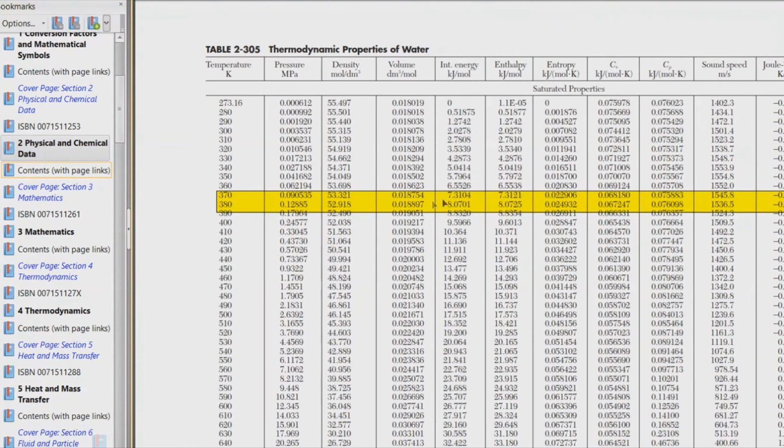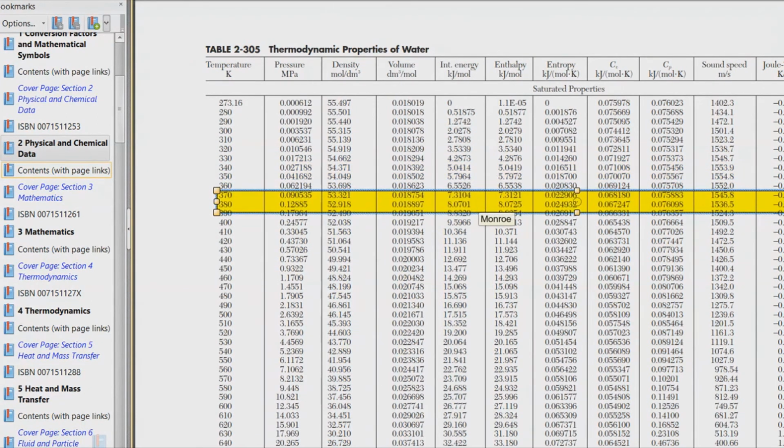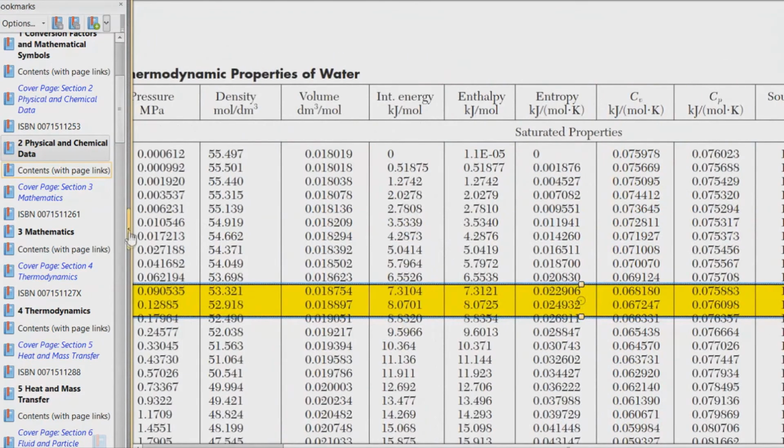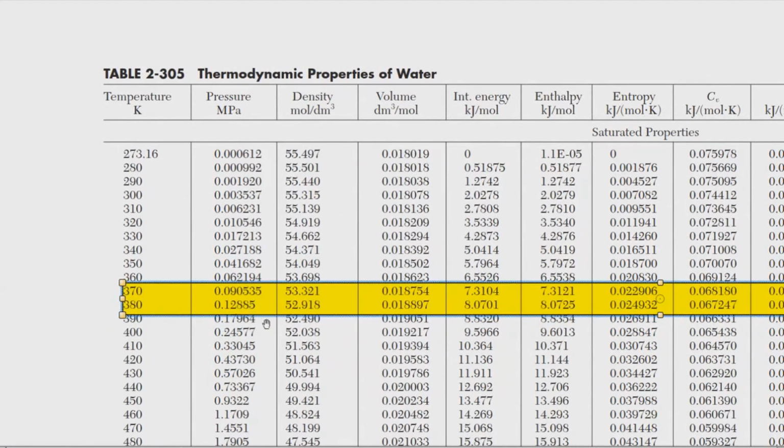So if you evaluate around this, because as you can see here, the pressure ranges from 0.0905 to 0.12885. So in the middle of this section, we have something like 0.11325, which is our pressure at 1 atm. But along this line would be around 100 degrees Celsius.